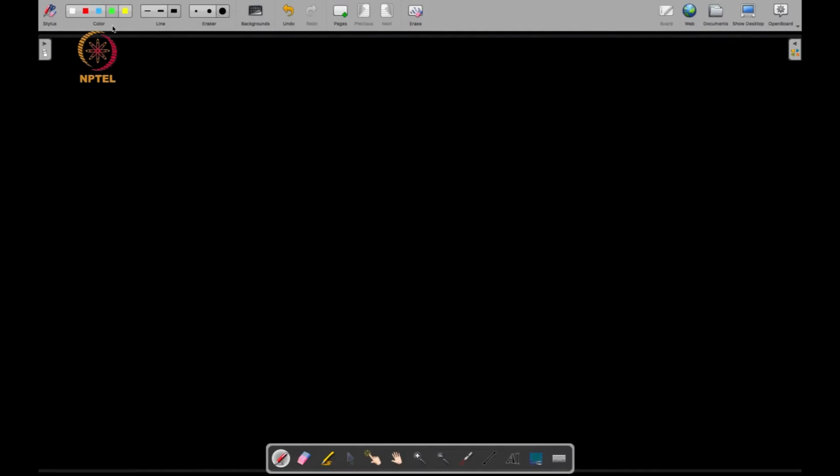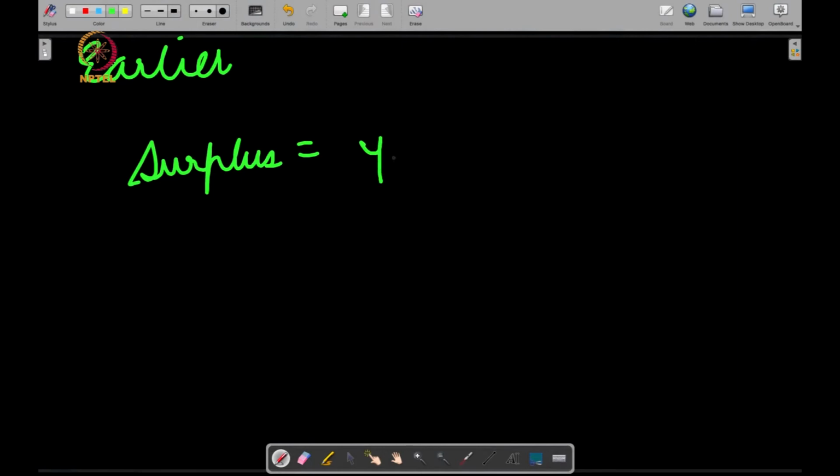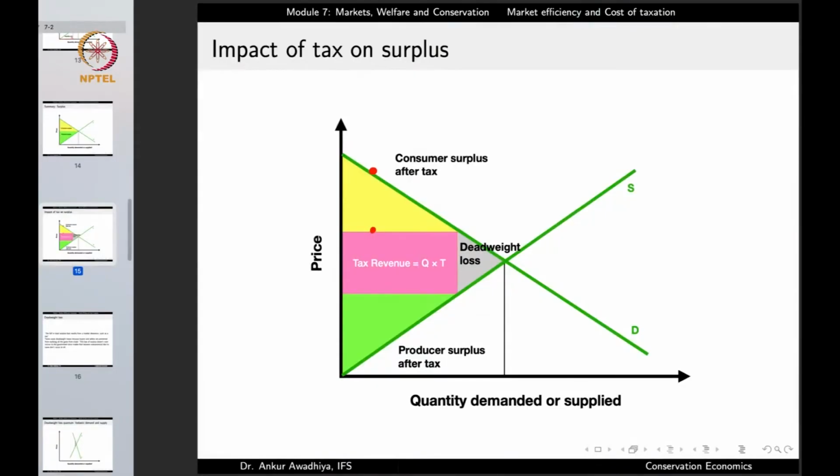So what is happening now is that earlier the surplus was this whole big triangle, which you can say is the yellow plus pink plus green plus gray area.